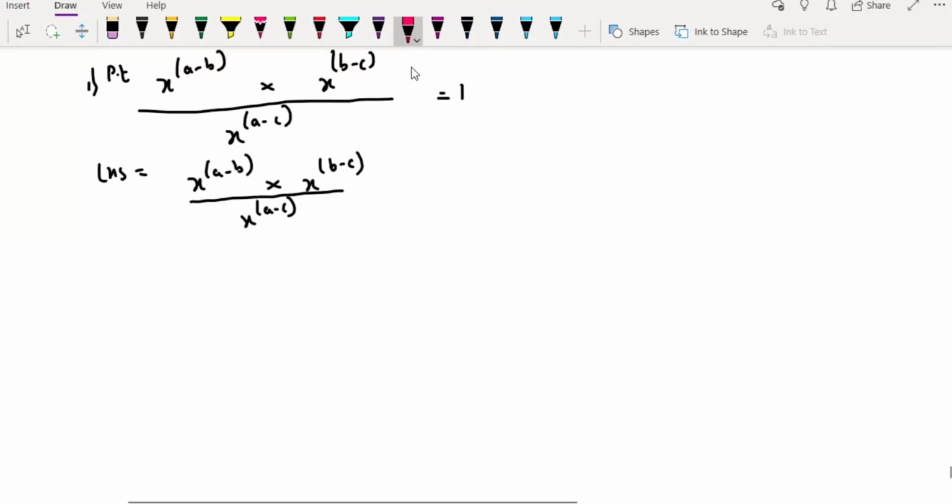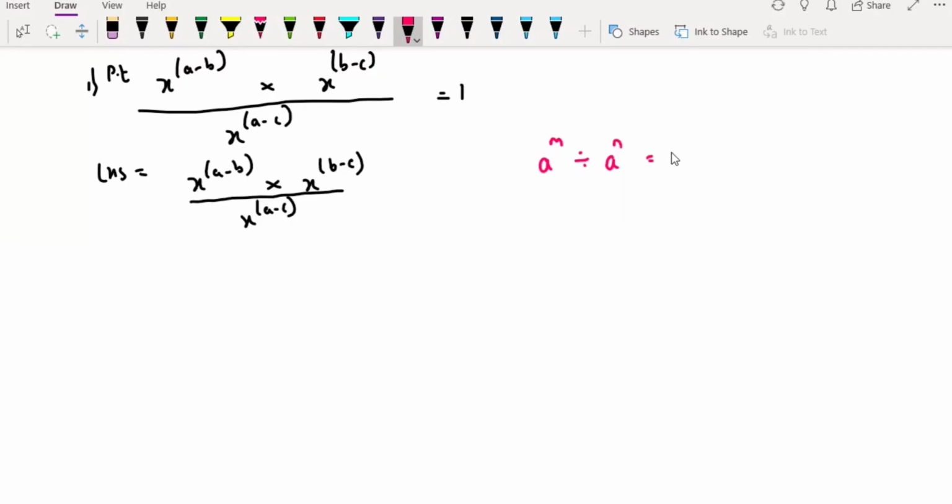Here I just want to give you information from the law of exponents chapter, that is a to the power of m divided by a to the power of l.